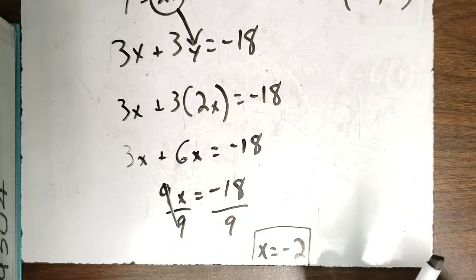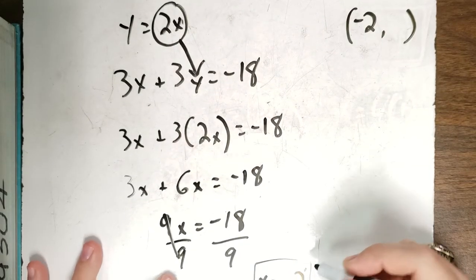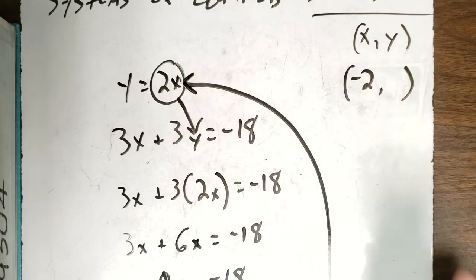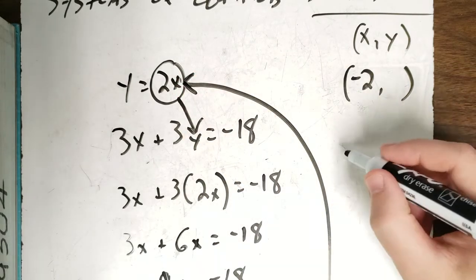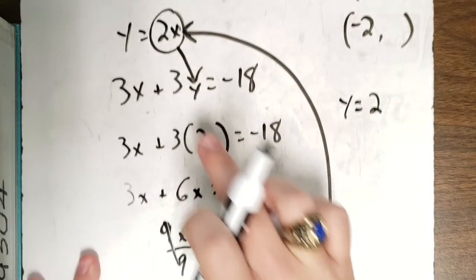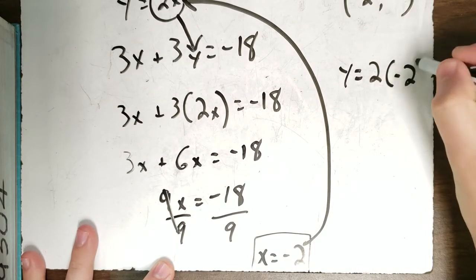Now, once again, we can take our x and plug it into our original equation. So our negative 2 comes up into our 2x here. Now, we have y equals 2, and instead of x, remember our x is now negative 2, so we can do times negative 2.